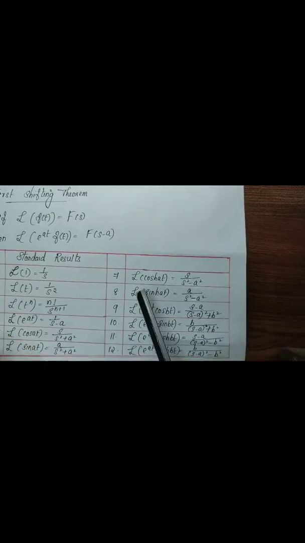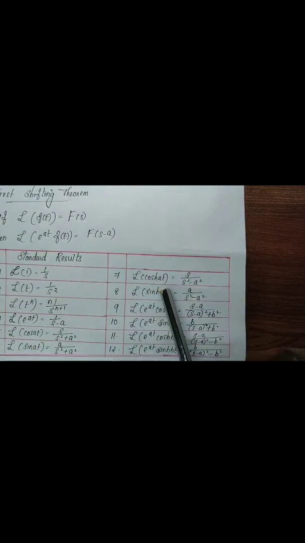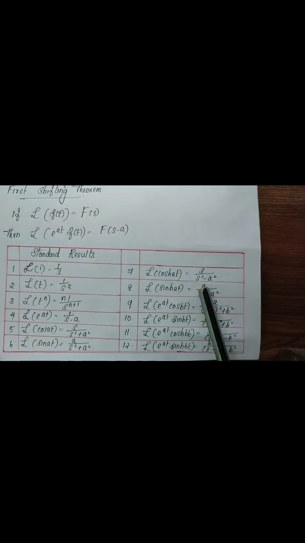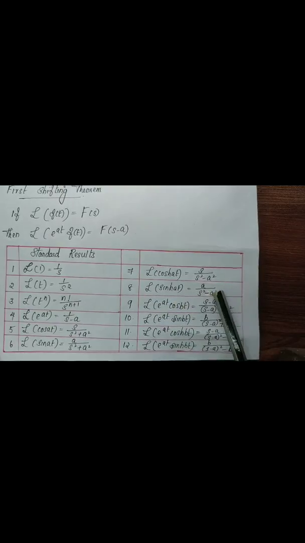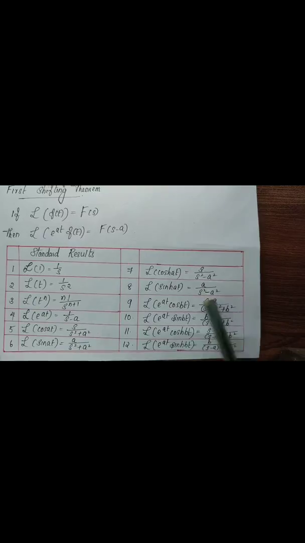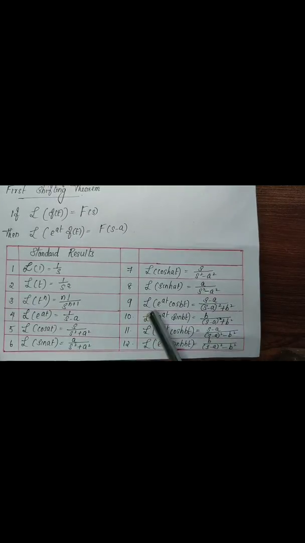The next one, Laplace transform of cos h at equal to s by s square minus a square, Laplace transform of sin h at equal to a divided by s square minus a square, and Laplace transform of e raised to at into cos bt.